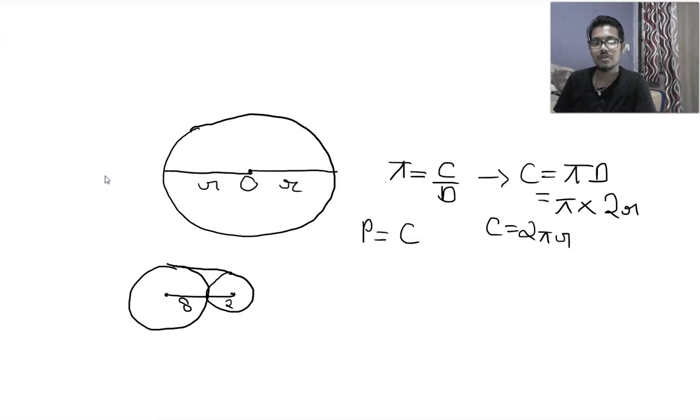First of all, we will make a straight line which passes through the centers of the circles. Now we know the radius of the larger circle is 8 centimeter and the radius of the smaller circle is 2 centimeter.